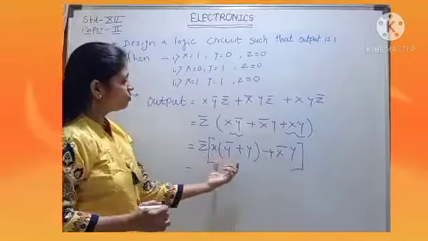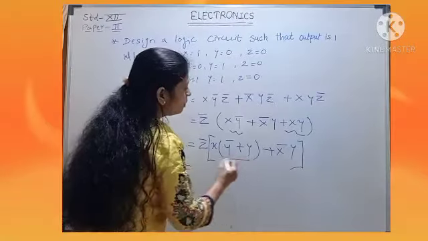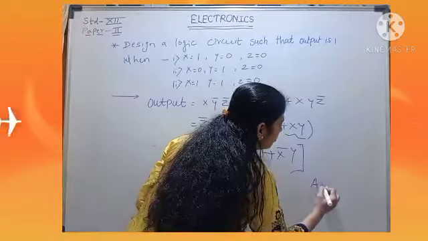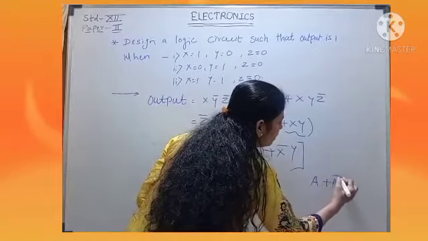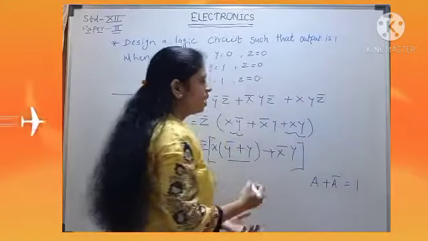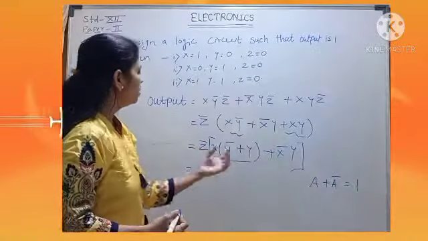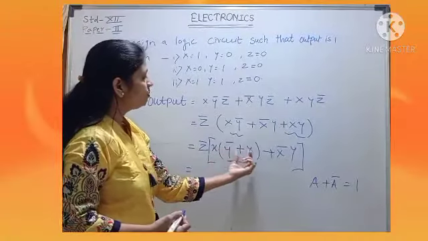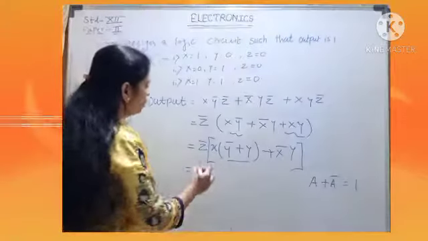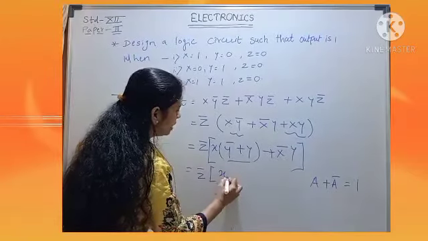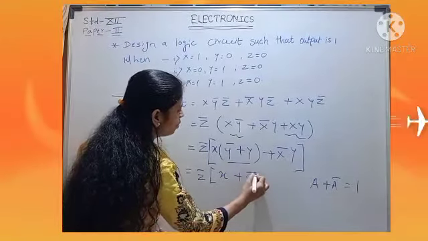Now as we know y complement plus y, and we know that a plus a complement is equal to 1. We know this Boolean law. So by substituting the value here, means the y complement plus y is equal to 1. We got z complement into x plus x complement y.